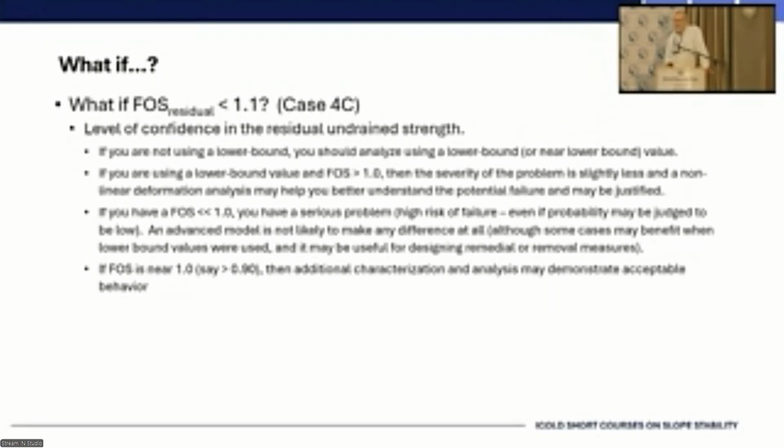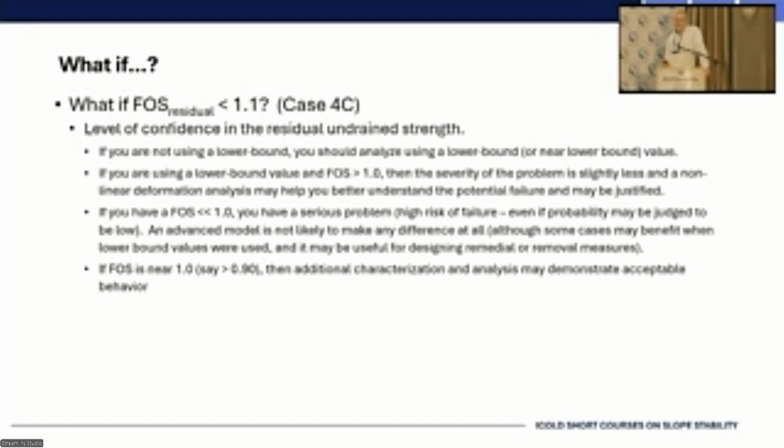If we're right around 1, the chances are that we can do an advanced analysis and demonstrate that the performance will be acceptable and that deformations will be under control. So if we're in that situation, we probably would feel justified in doing more work. And in the case history that this is primarily based on, it's exactly what we did.